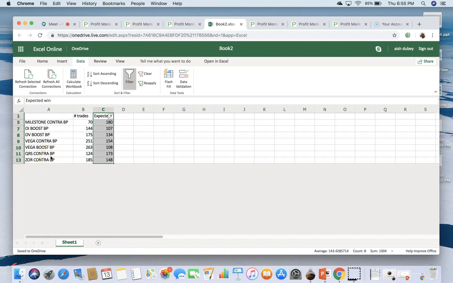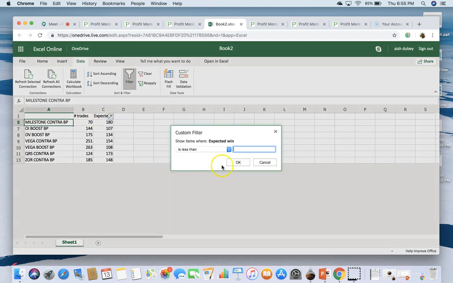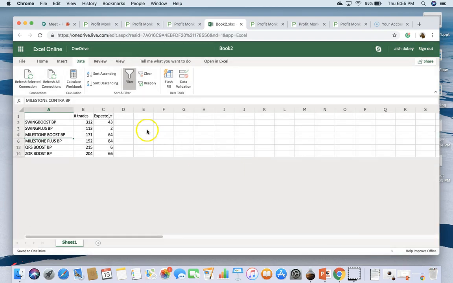Okay, so let's give that a shot. Let's go back to settings. So anything which is not milestone, contra, OI boost, OV boost, oh, we have to convert it to no. So maybe I should just change the filter. Less than 100. So whatever is less than 100, we'll switch it off.